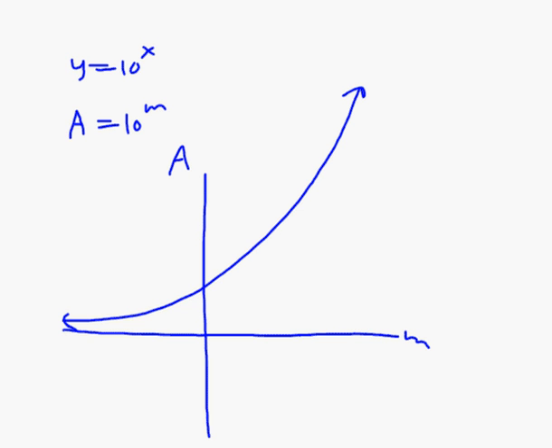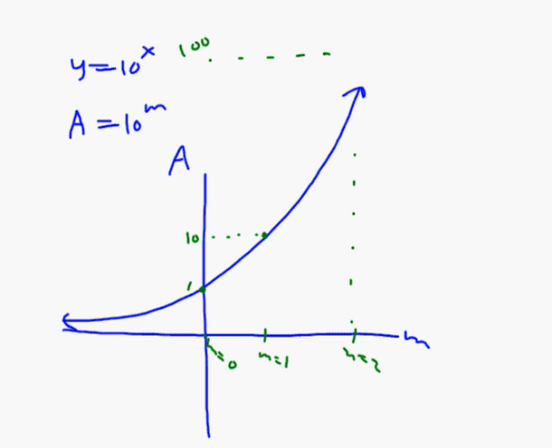Okay. Well, if you plug in m equals 1, then you know you have to get back A equals 10. If you plug in m equals 0, then you know you have to get back 1. I don't have enough room for it, but somewhere over here I could plug in 2, and it would go way up here somewhere, and way up here there'd be 100.